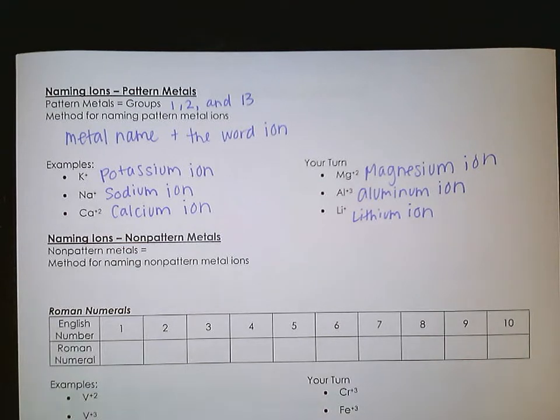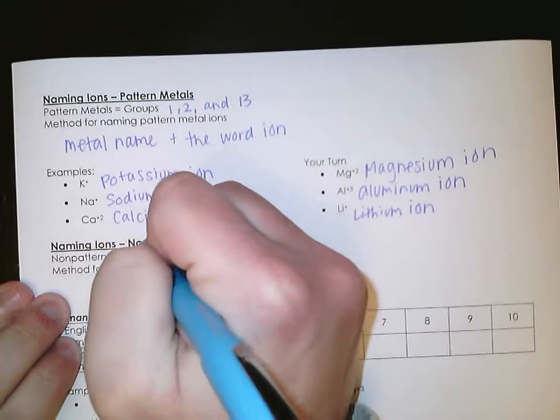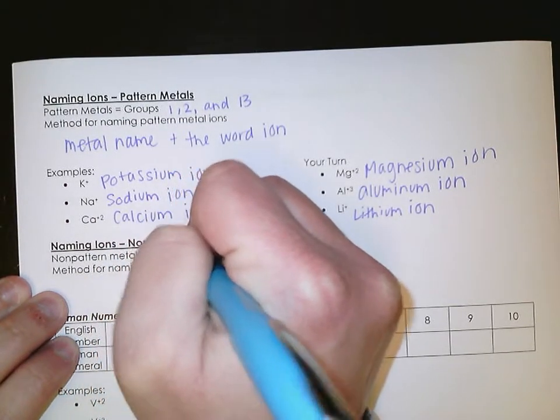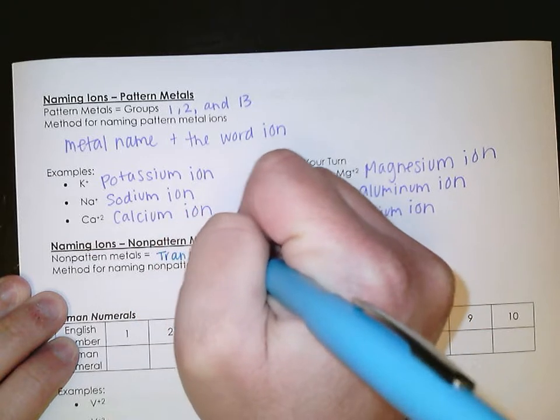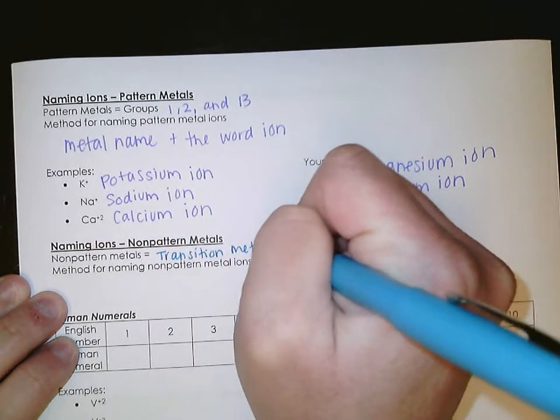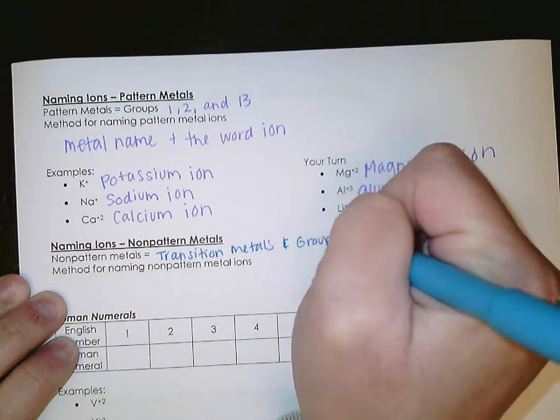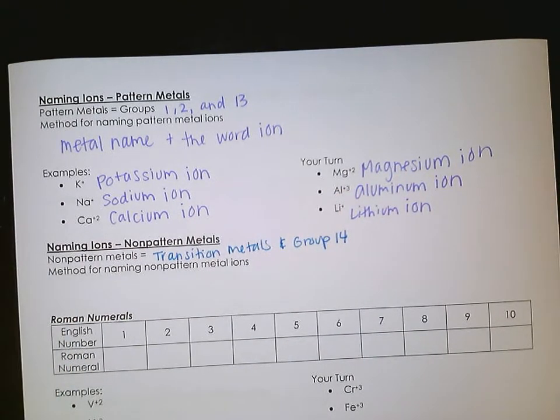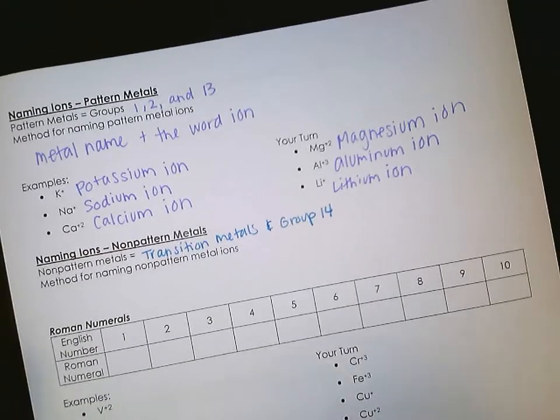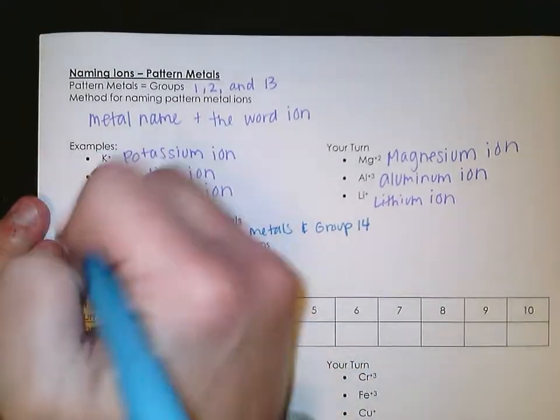So non-pattern metals for the most part are going to include our transition metals, and group 14. Now we will talk about some exceptions to this, but for right now we're going to focus on that entire grouping. Now the method for naming these is we're going to put our metal name, just like we did above.